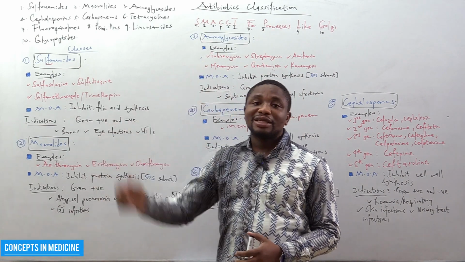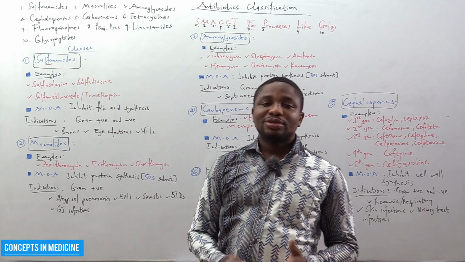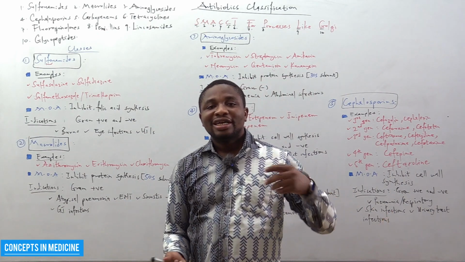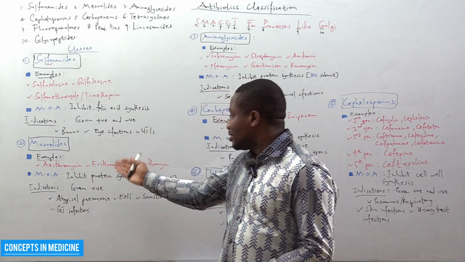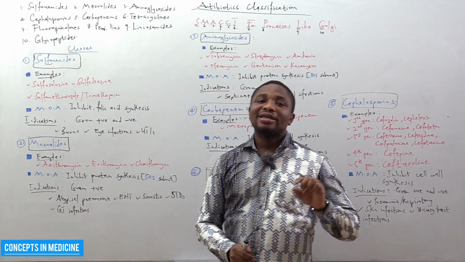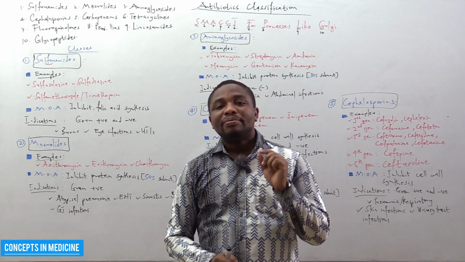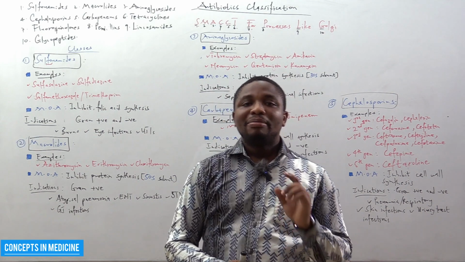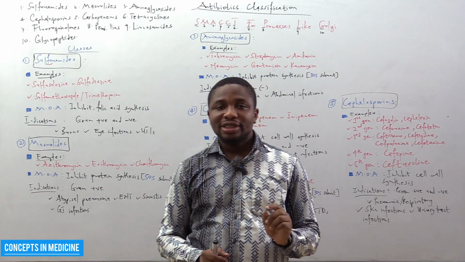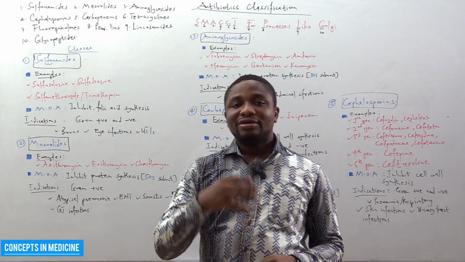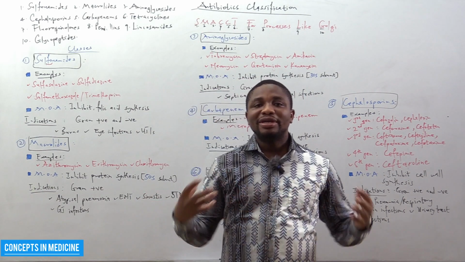The next one we want to look at is the macrolides. The examples, we can think of azithromycin, erythromycin, and what? Clarithromycin. Then, mechanism of action, we should remember that they inhibit protein synthesis by binding to the 50S subunits, which are found where? On the ribosome. So when they bind to that, they inhibit what?